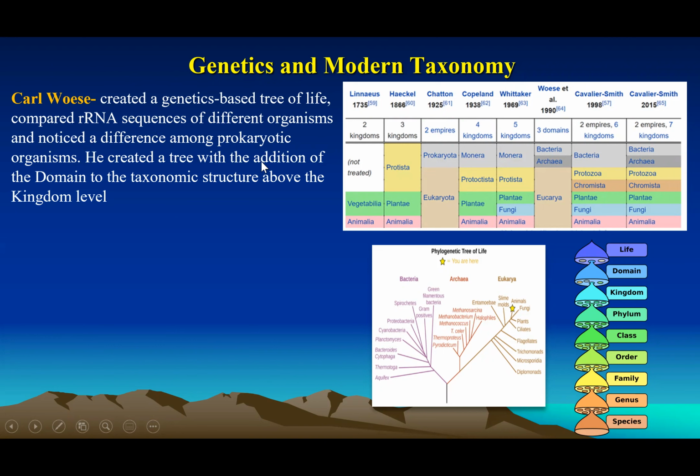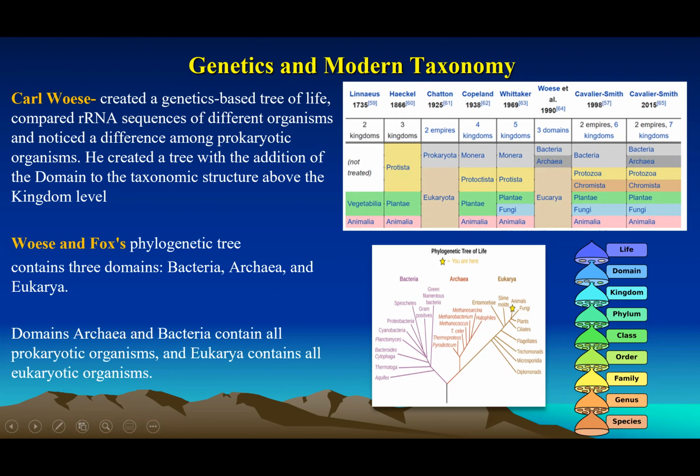So he created a tree with the addition of the domain to the taxonomic structure. So here's the phylogenetic tree that is most widely accepted now. So we have bacteria, archaea, and eukaryotes. Bacteria and archaea are prokaryotes. So this is before a well-defined nucleus evolved. So they do not have a membrane-bound nucleus or most of the membrane-bound organelles.